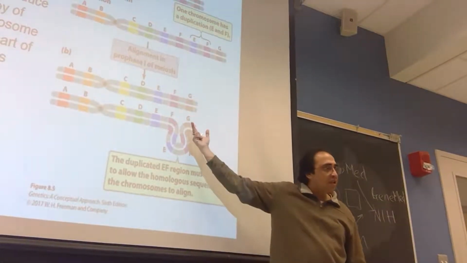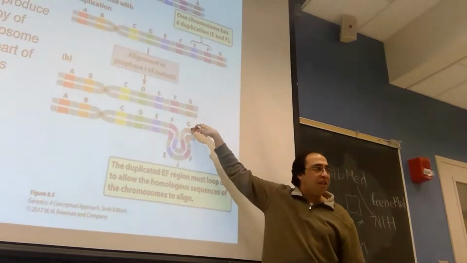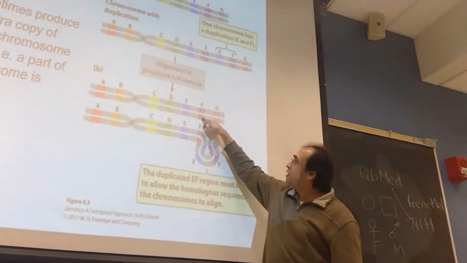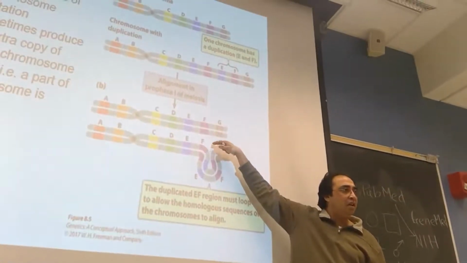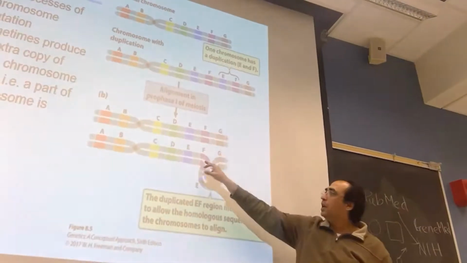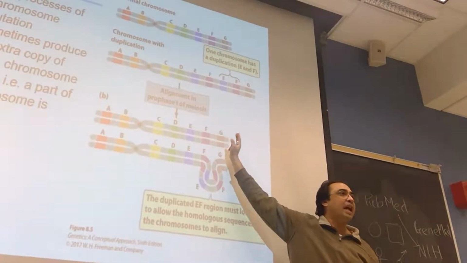They can't match because there is no partner there. But the G gene should match with the G. In such a case, they will form this kind of homologous pairing. So all the genes matched with each other. This part is also matched with each other, but this is extra. There is no extra EF here. So they cannot match.